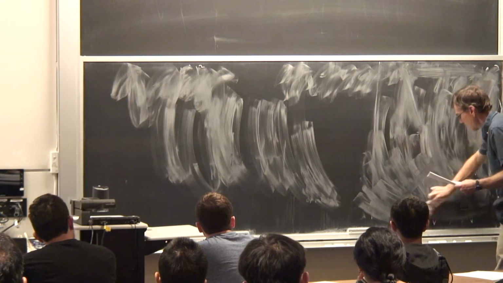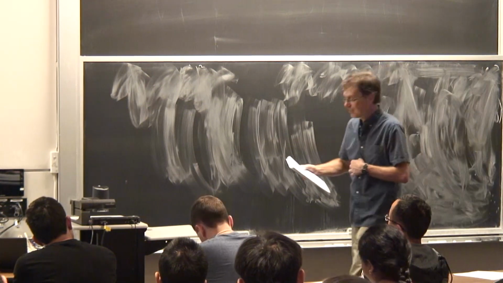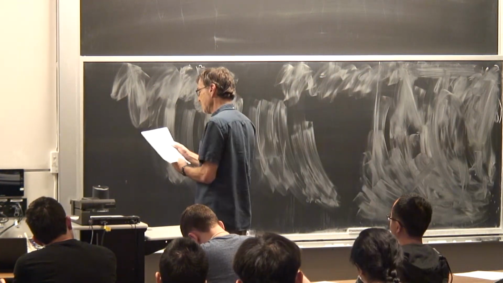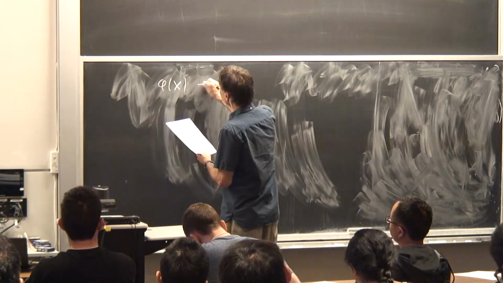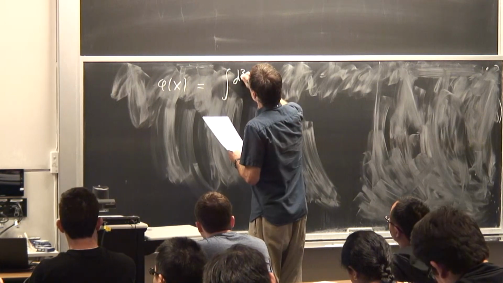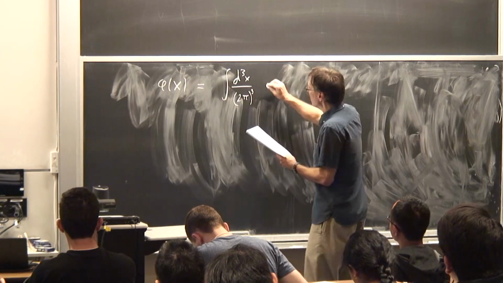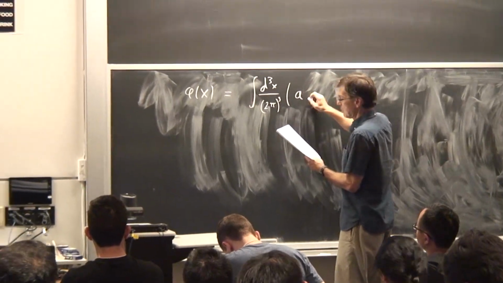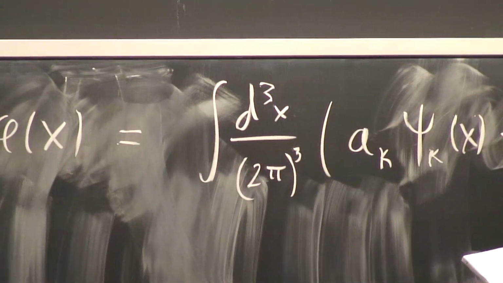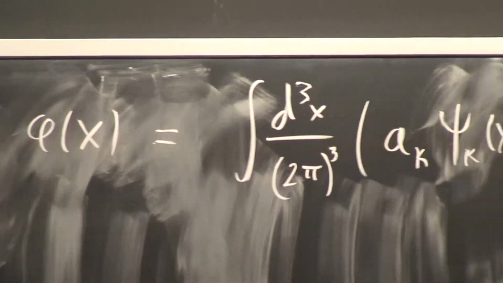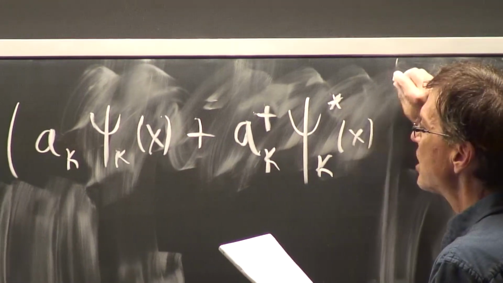So remember the equation of motion for a scalar field in an expanding background, and we want to solve it for a quantum field where we write the inflaton in terms of Fourier modes with coefficients that now become creation or annihilation operators.